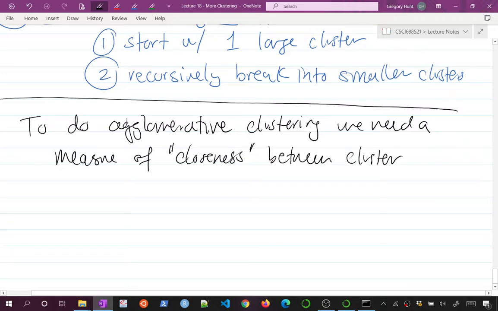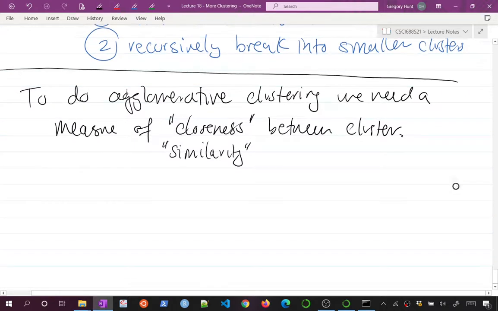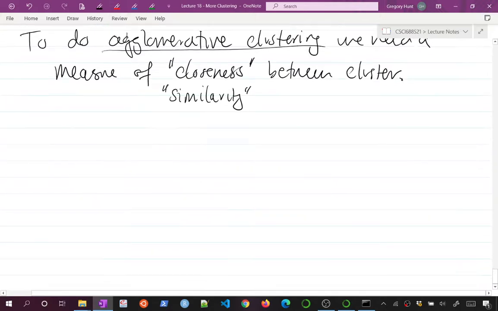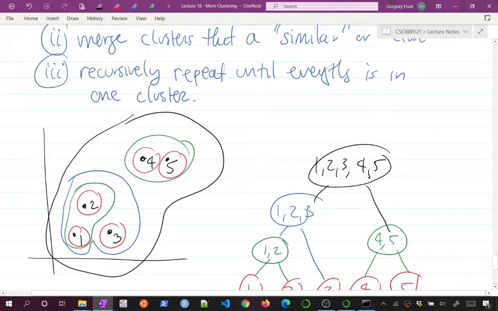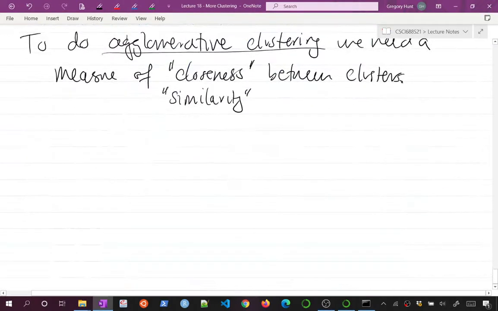You could also say similarity between clusters. We have a measure of similarity or closeness between points, between objects, but we need some kind of measurement of similarity or closeness between clusters now. Because if we can do that, then we can define what's closest, and then we just merge the closest ones, and we just do that recursively, and it's pretty simple.